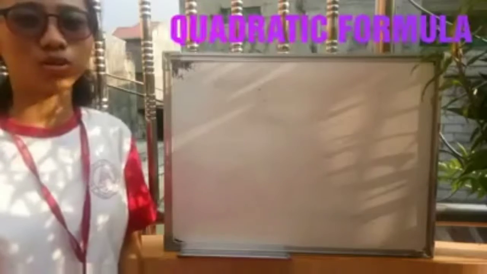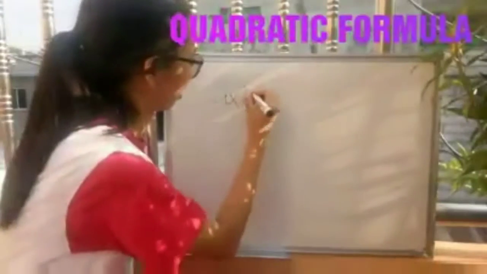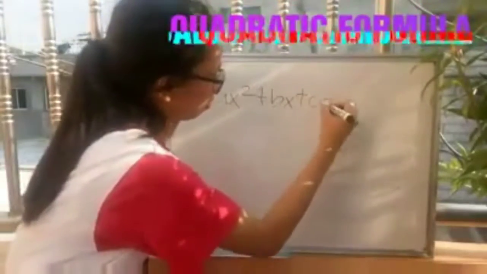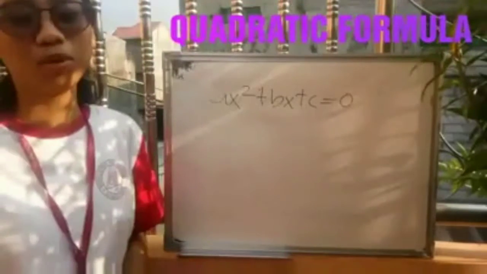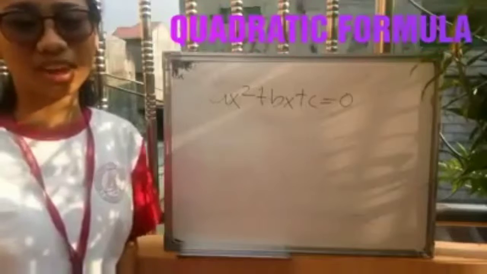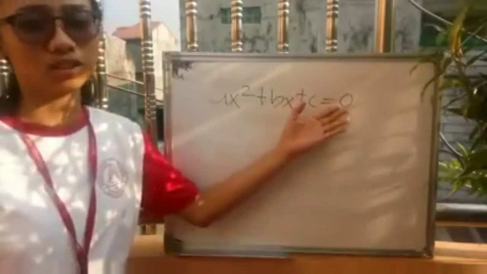Learn the fourth way of solving the quadratic equation using the quadratic formula. The quadratic formula can be derived using the concept of completing the square from the standard form ax squared plus bx plus c is equal to 0.